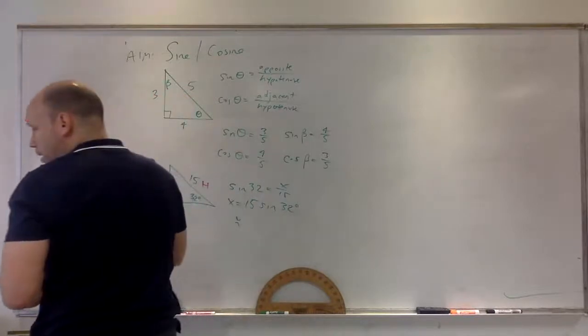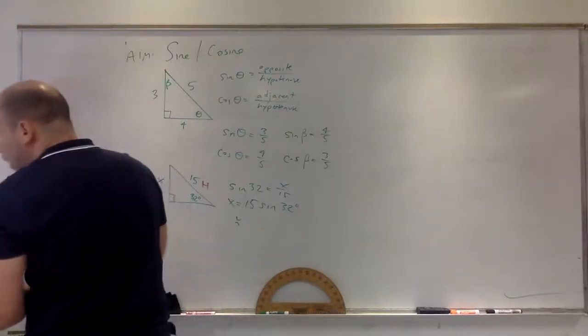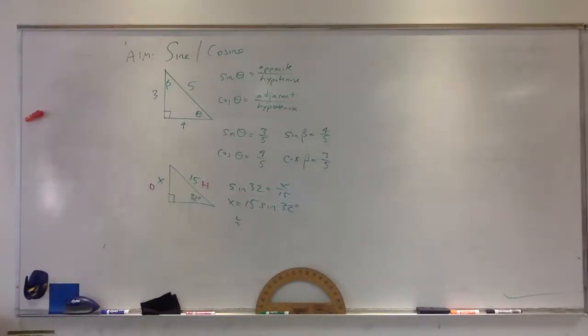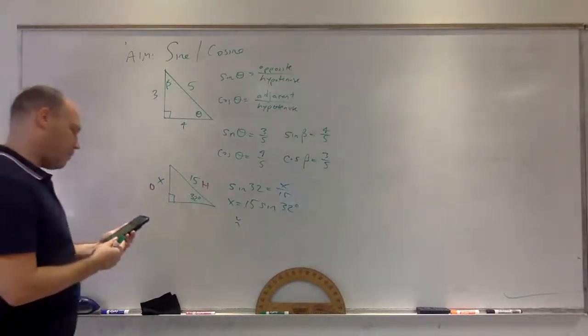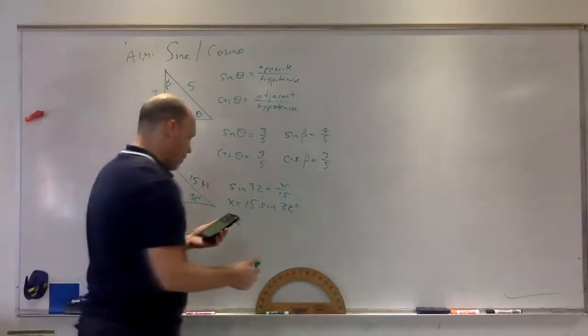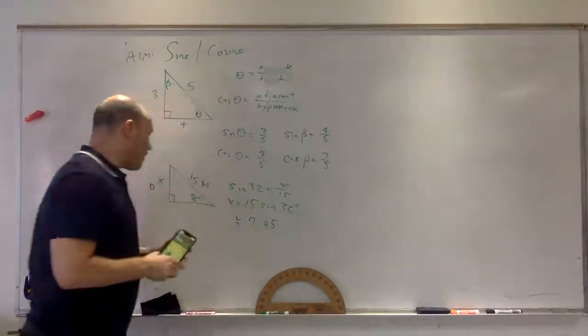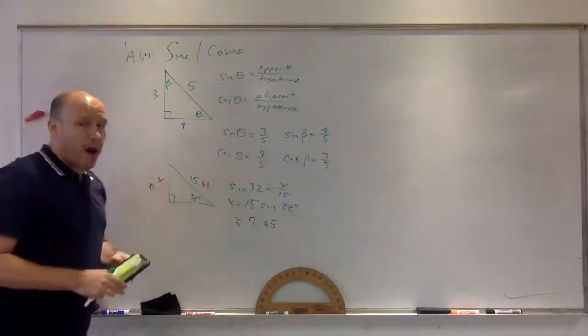Hey Siri, 15 times the sine of 32. The answer is 7.95. So that's the length, 7.95.